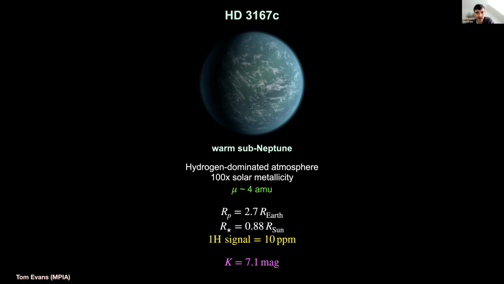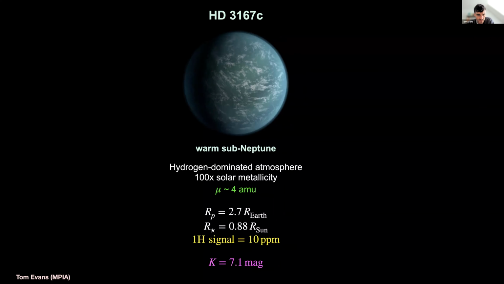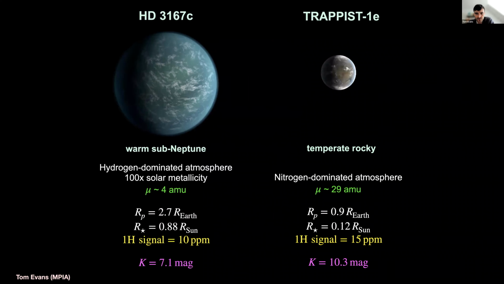And that comes out to be about 10 parts per million. So if we go through the same calculation for TRAPPIST-1e, but assume that the atmosphere is nitrogen dominated with a mean molecular mass of around 29 atomic mass units, then that would give a change in the transit depth corresponding to a pressure scale height of around 15 ppm.